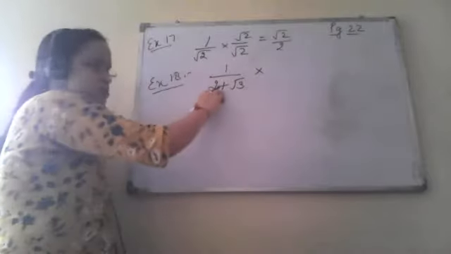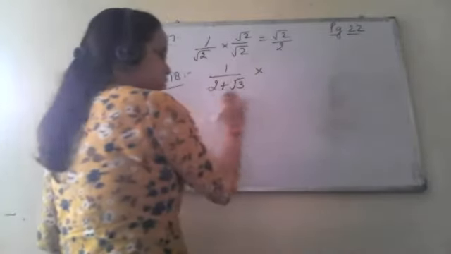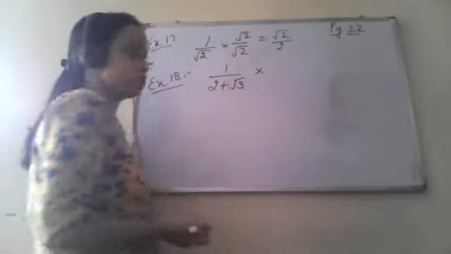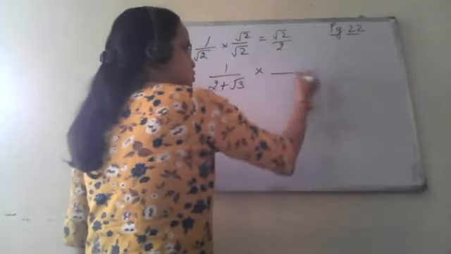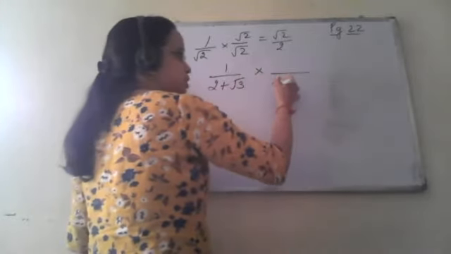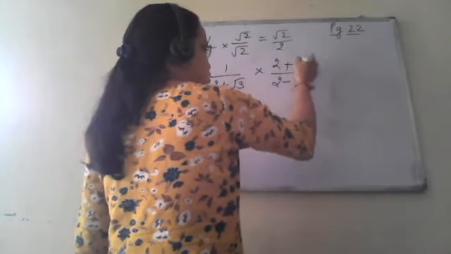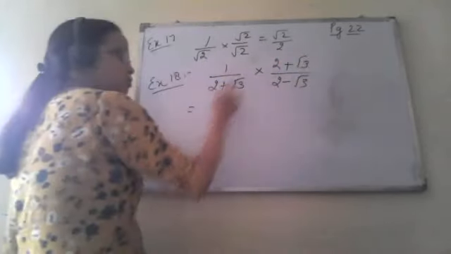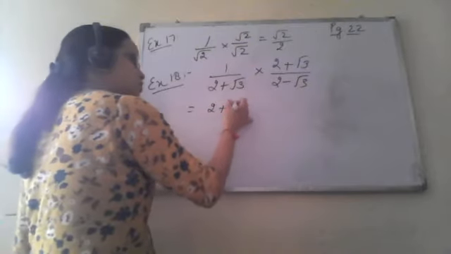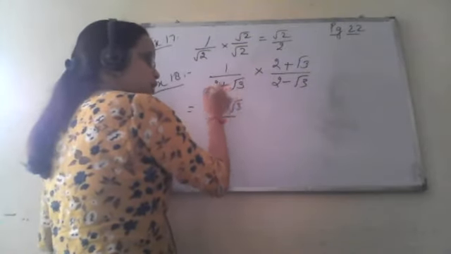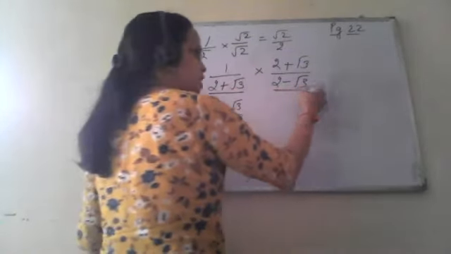We just change this sign. We have to multiply that expression to the numerator as well as the denominator. So in order to rationalize, we will just multiply by 2 minus root 3 and the numerator also. So in the numerator it will be 2 plus root 3. In the denominator we have a plus b and a minus b.